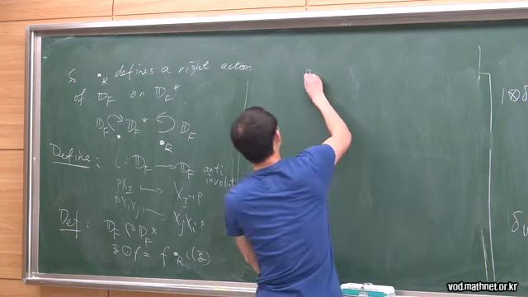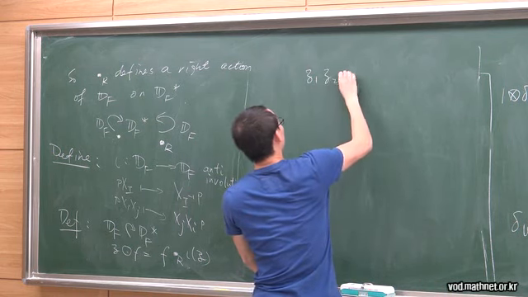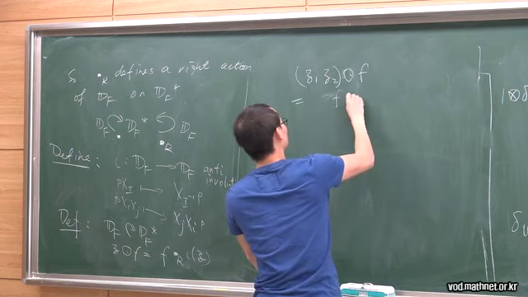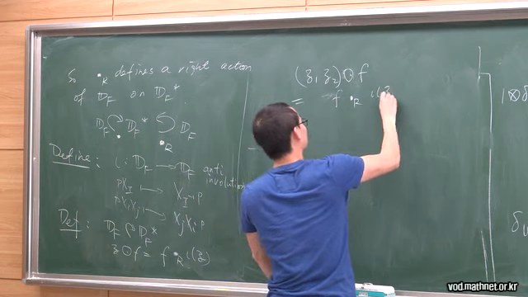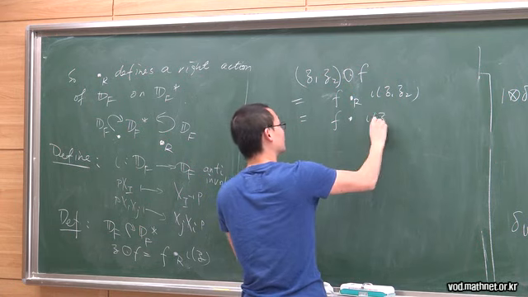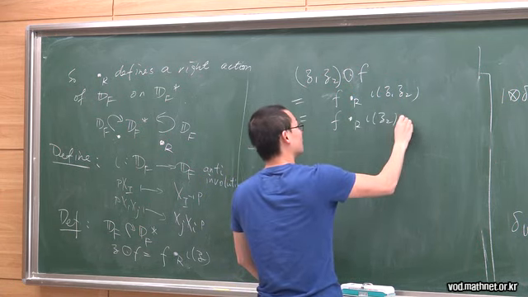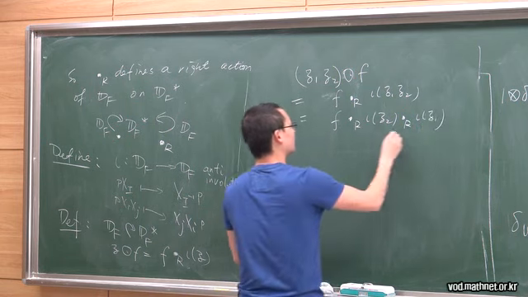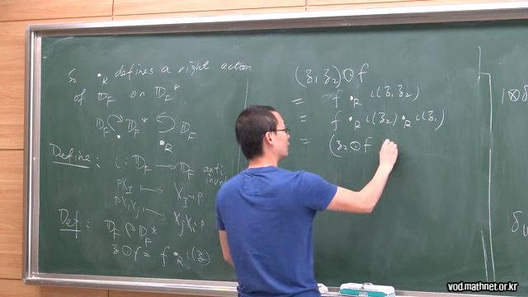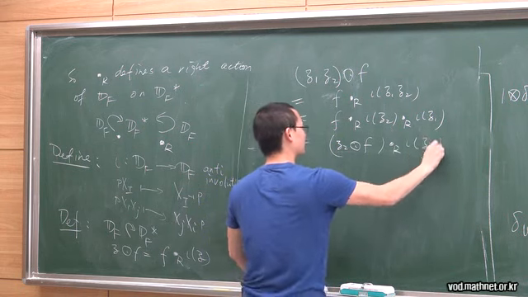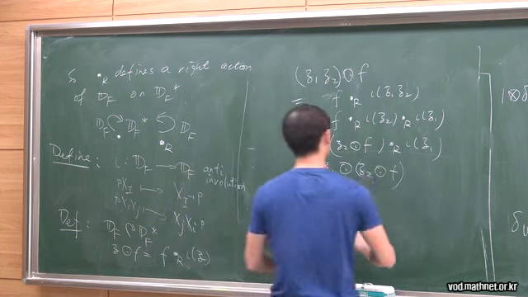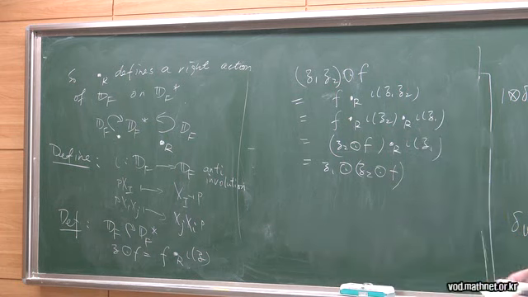The reason is that if you have z1 z2 o dot f, that's f bullet r by u dot z1 z2, and that's f bullet u dot z2 bullet r u dot z1, and that's equal to z2 o dot f bullet r u dot z1, and that's equal to z1 o dot z2 o dot f. So after this checking, you see that this actually is a left action.